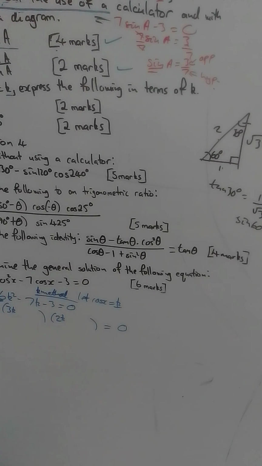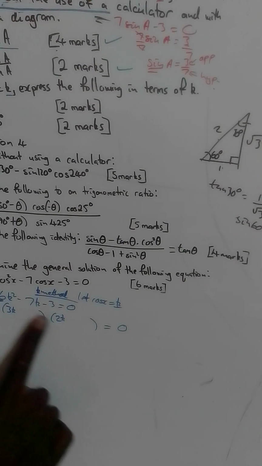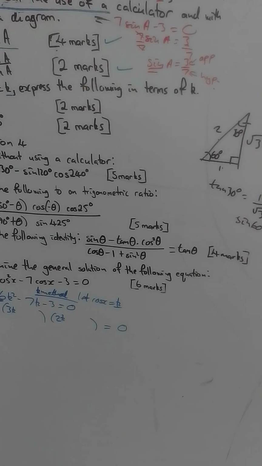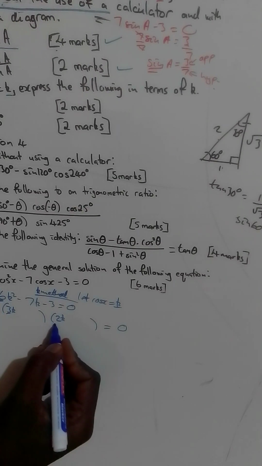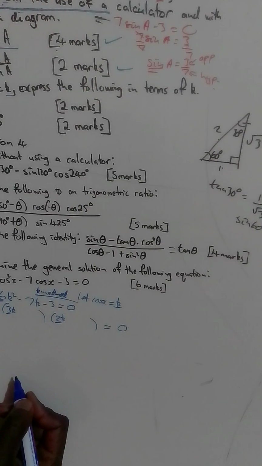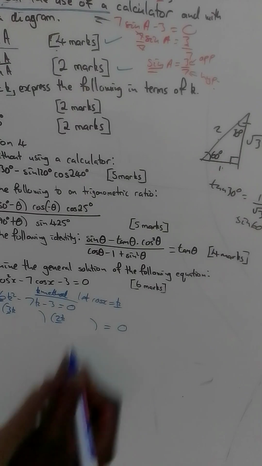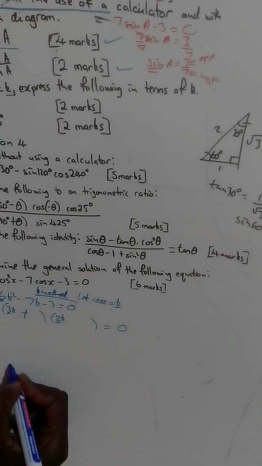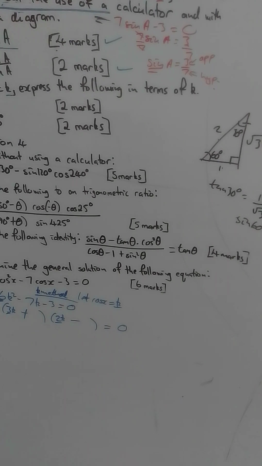What do I have? I've got a negative sign, which means one of these boxes must have a negative, another one must have a positive. Okay, so if I say 3 multiplied by 2, I get my 6. And then here I'm going to put a positive. Let me put my negative there.